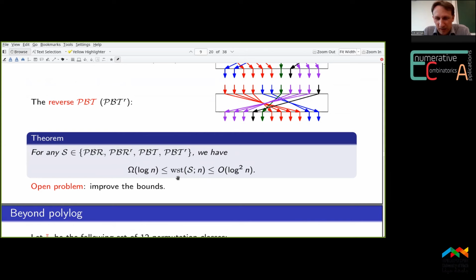I do not have any argument that would show that the worst case sorting time is either matching the upper bound or matching the lower bound, or indeed matching any reasonable function. But have you mentioned before that your conjecture is that everything sits on the left, that it's actually log? Or I understood wrong? No, I wouldn't call it a conjecture. I really don't have any strong opinion on what would be the correct behavior here. Okay. Thanks.